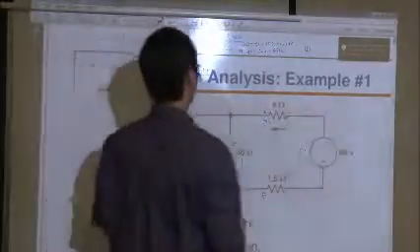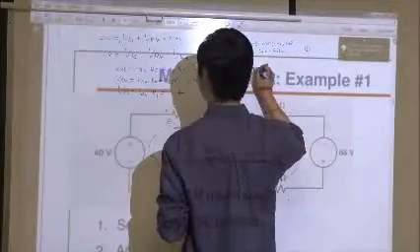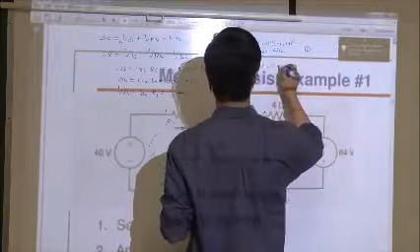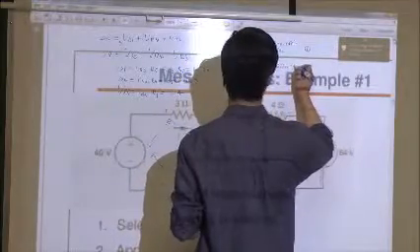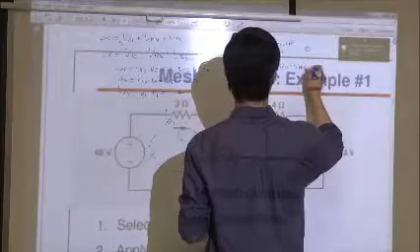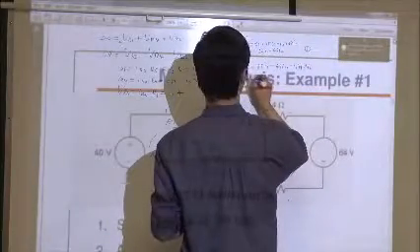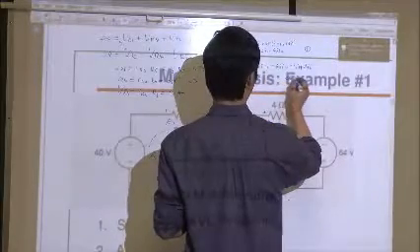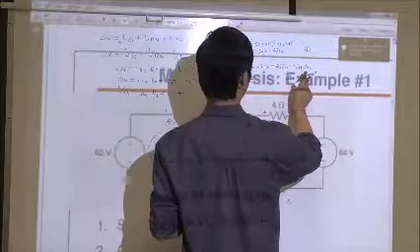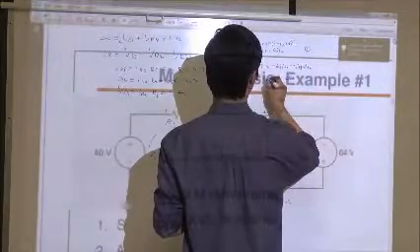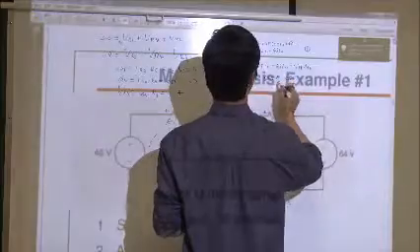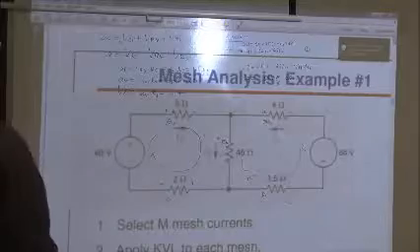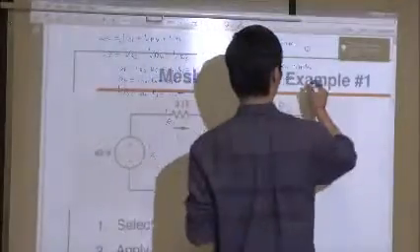Again, I get the equation of 64 equal to 1.5 I2 minus 45 times I1 minus I2 plus 4 I2. Simplifying, I get 64 equal to minus 45 I1, 45 plus 4 plus 1.5 is 50.5 I2. So that's the second equation.